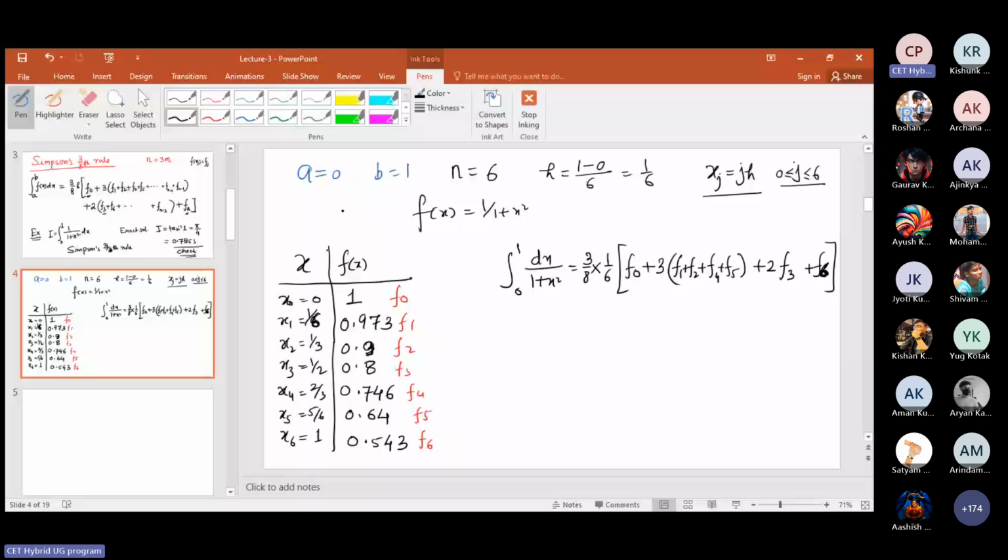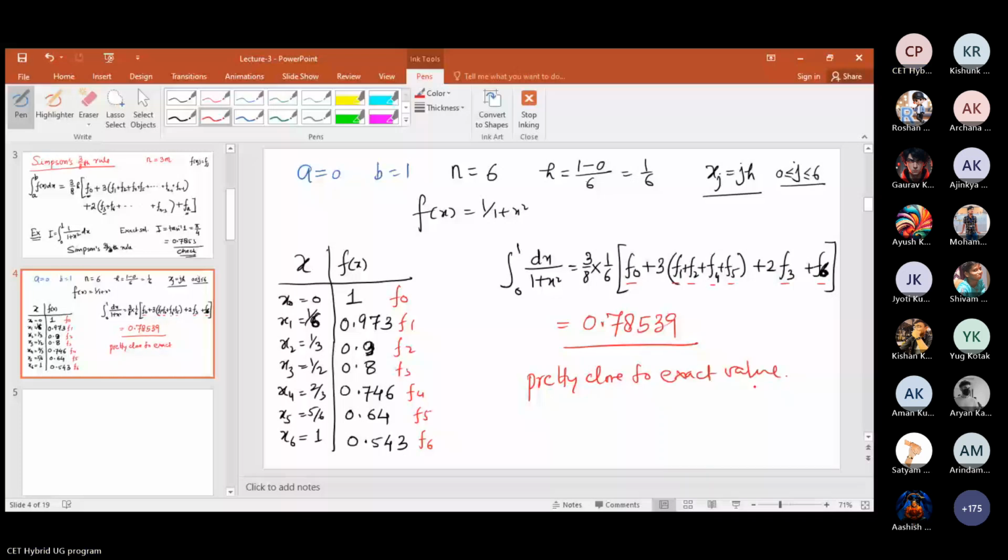Substitute the values of f0, f1, f2, f3, f4, f5, f6 from here. Do the calculation. So finally, after doing the calculation, you will get 0.78539, which is pretty close to the exact value.